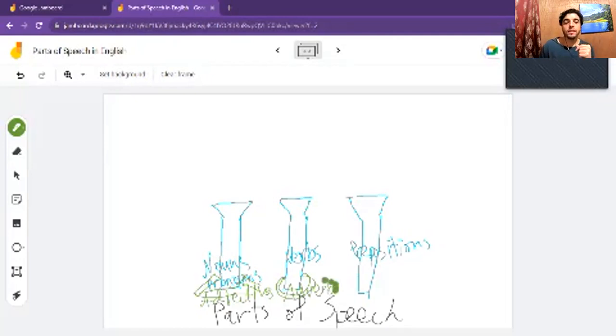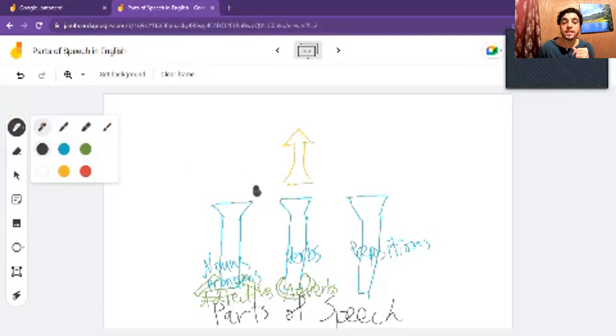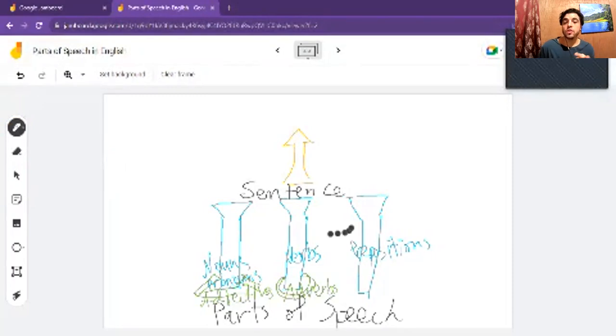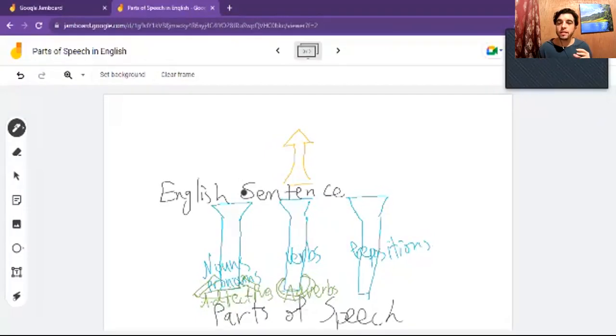So to create an English sentence, you need the nouns, pronouns, verbs, prepositions. And of course, the adjectives and adverbs support the nouns and verbs respectively.